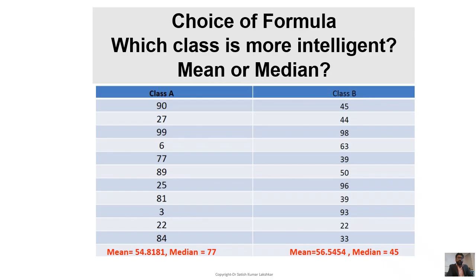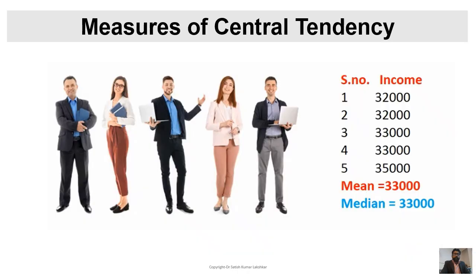Mean is calculated to find out the actual value, the actual result or the actual score, while comparing two different groups. And median is the central value of the data set when it is arranged in ascending or descending order, so median is a positional mean, whereas the mean that we calculated is the arithmetical or mathematical mean.